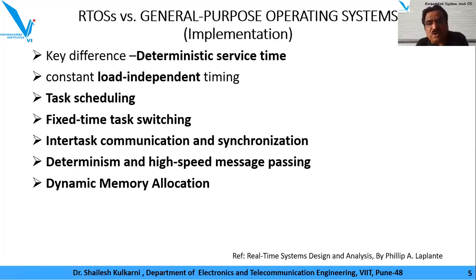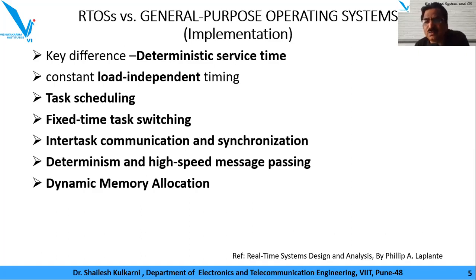So in a nutshell, I can say that this real-time operating system does not offer different services, but it offers the services differently. So the mechanism of service offering is different from GPOS. And why is the different mechanism adopted or designed? It is designed in order to guarantee a constant, deterministic, and known a priori service time.